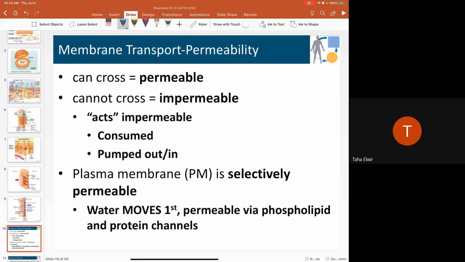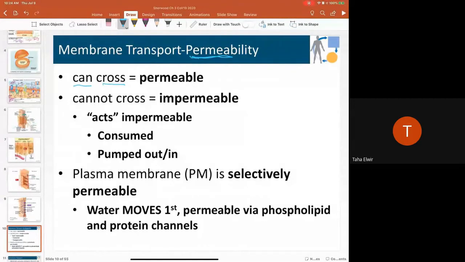Okay, now we're going to just talk about permeability. If something is permeable, that means it can cross the plasma membrane. But how is it crossing? That can be in various ways. Sometimes it diffuses across the plasma membrane.